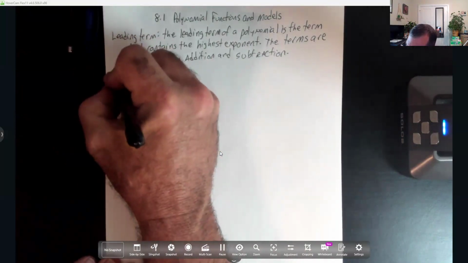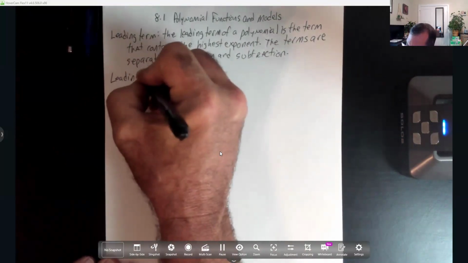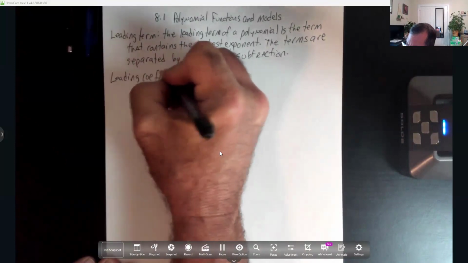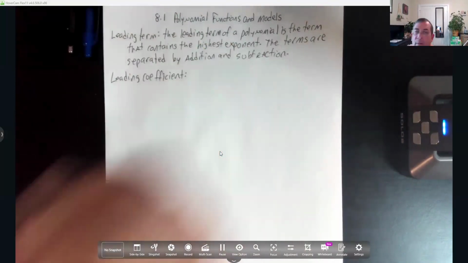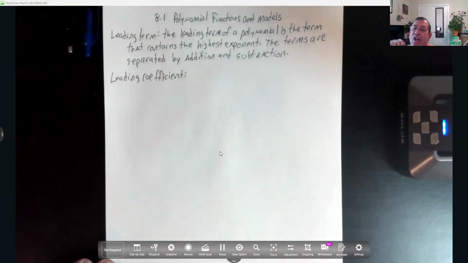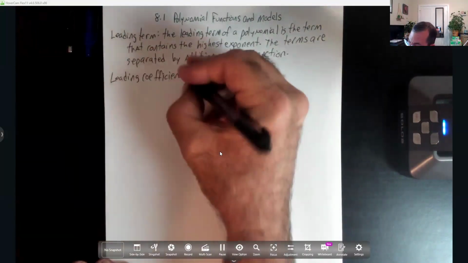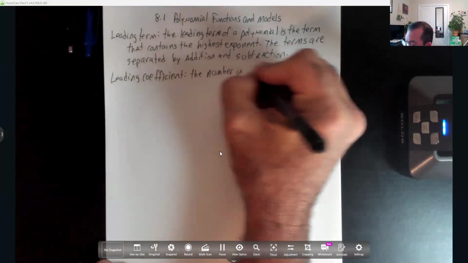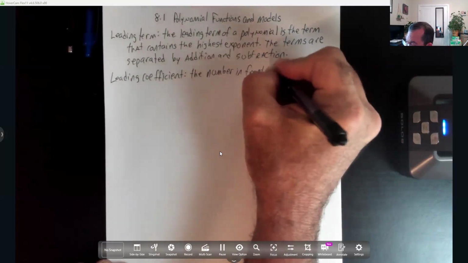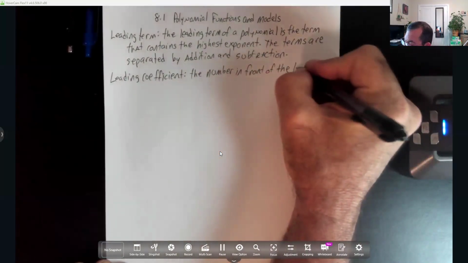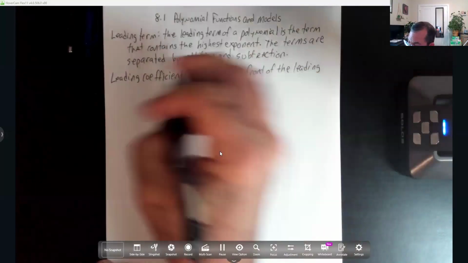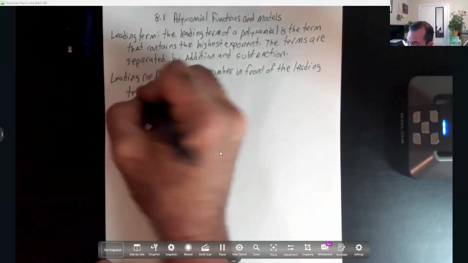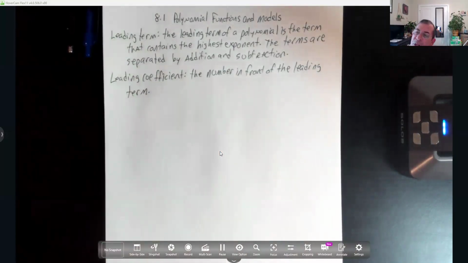We get the leading coefficient, and y'all, the leading coefficient, that's the number in front of the leading term. Okay. And remember, if there's not a number in front of that variable with the highest exponent, then we treat it like a one, okay?